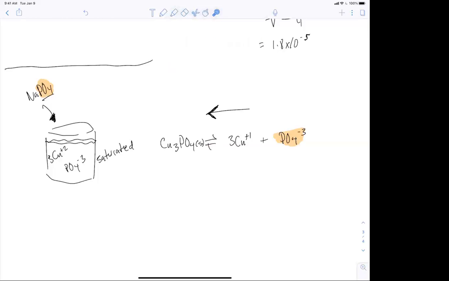Nothing is completely insoluble. Yeah, that's the trick. That's the first place my mind went to too. I was like, oh, copper phosphate is completely insoluble, but then they tell you it's saturated. There might be a teeny tiny amount of it in there, but that does imply that you have some copper and phosphate dissolved. So that's the trick.